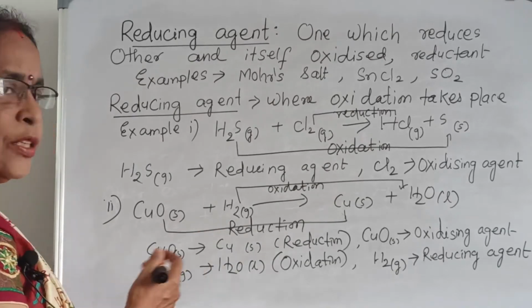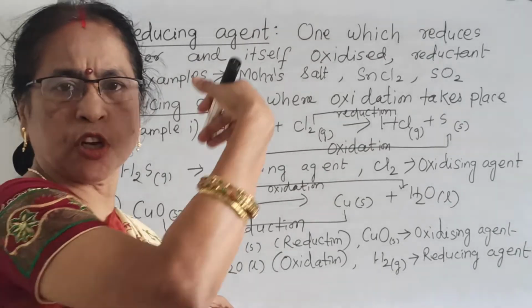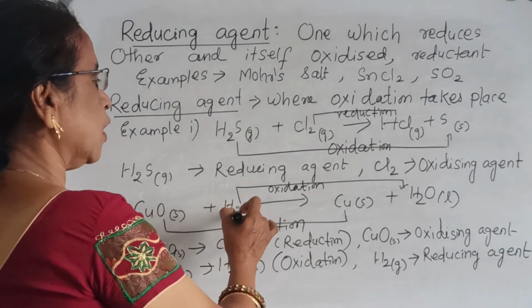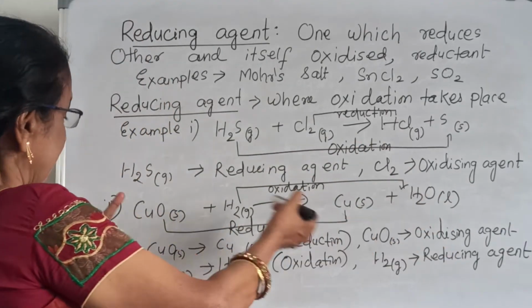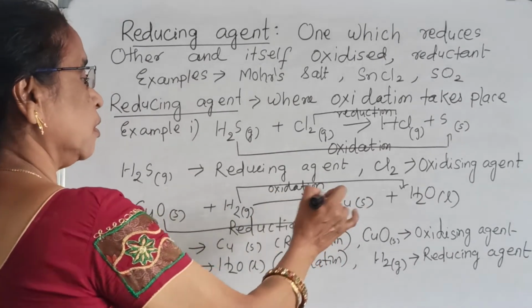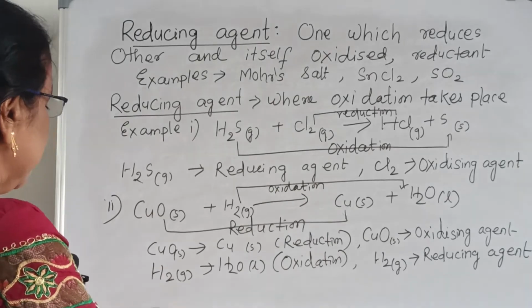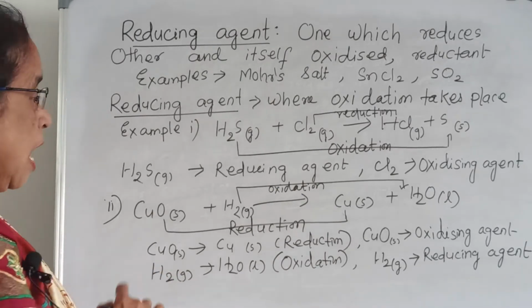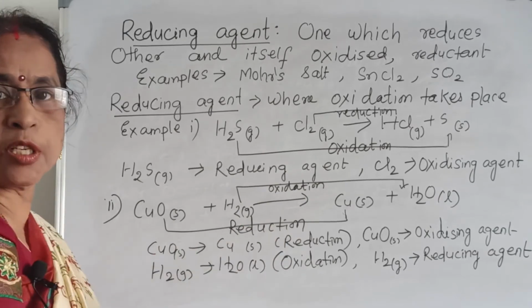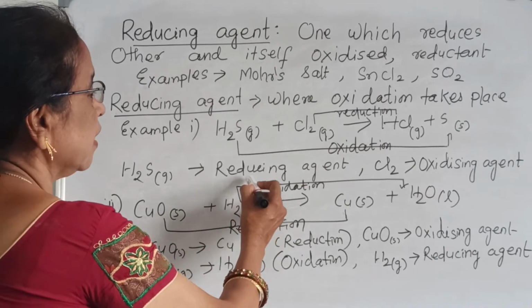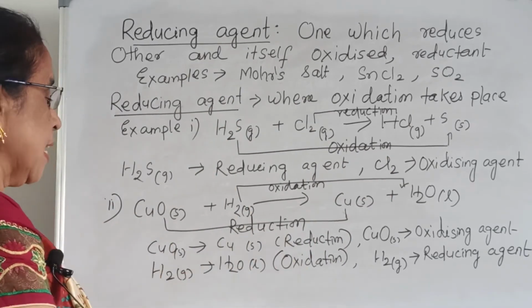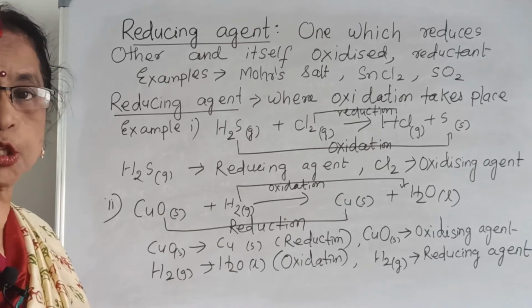I told you an oxidizing agent oxidizes others and itself is reduced. See here, it oxidizes hydrogen to water and itself is reduced to copper. Similarly, hydrogen to water: what happened? Addition of oxygen takes place, that means oxidation takes place. If oxidation takes place, then what is the name of that H2?